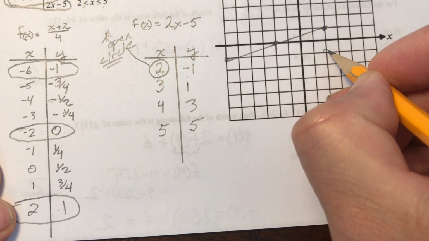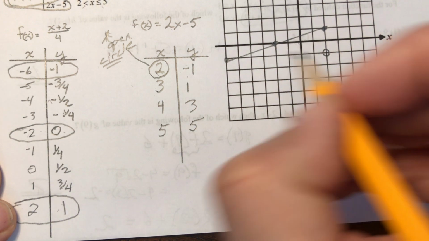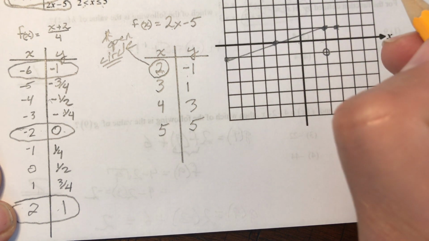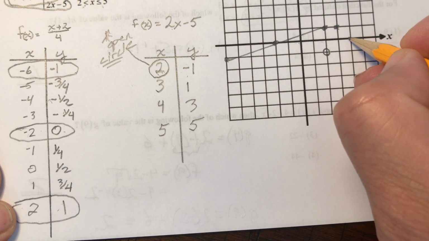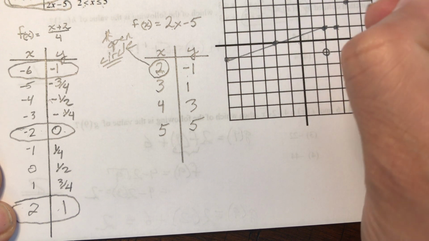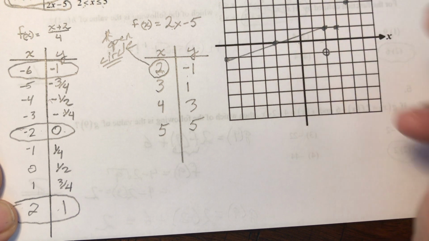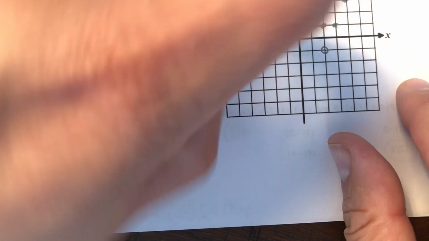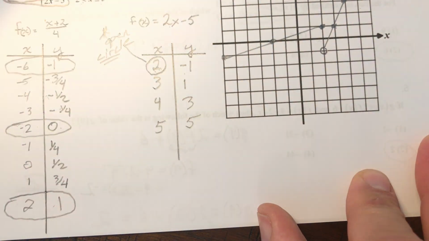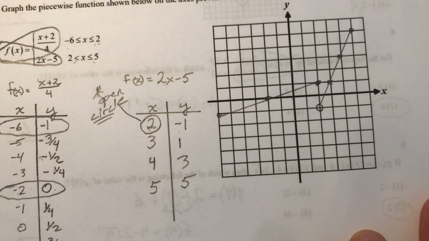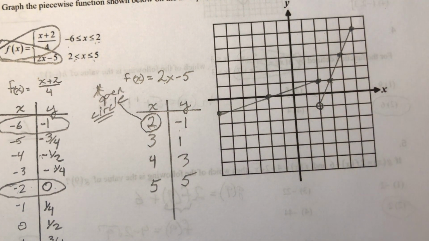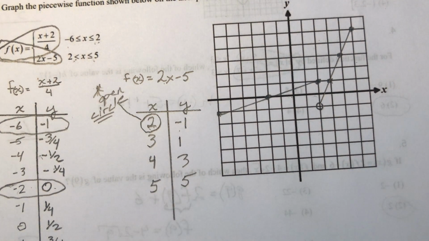We say open circle, so just leave it open. 3, 1, over to 3, up 1, and 4, 3, over to 4, and up 3, and 5, 5, over 5, up 5. Okay, so same thing. So starting from the open circle, and we have our piecewise linear function. It happens to be disjoint here, which is allowed, happens, and that's all there is to it.